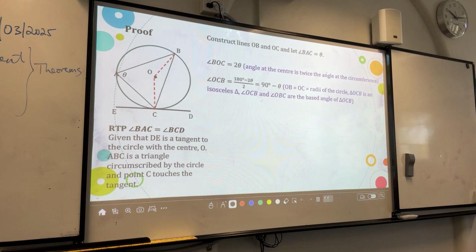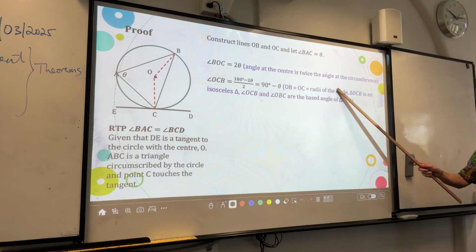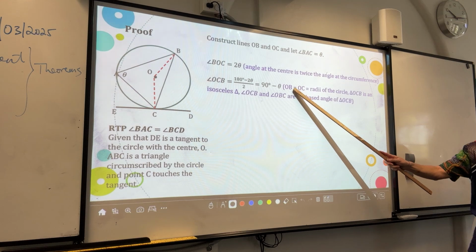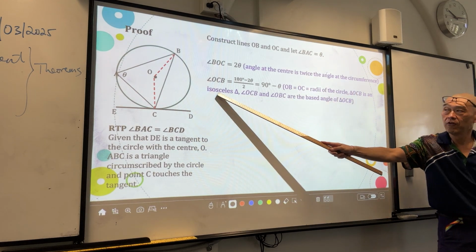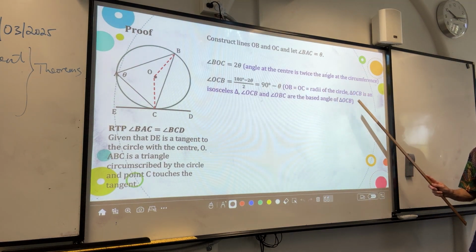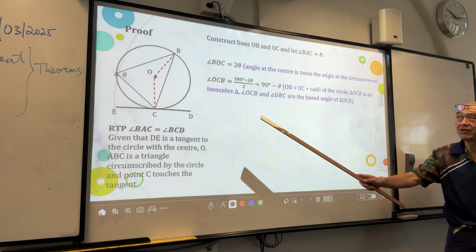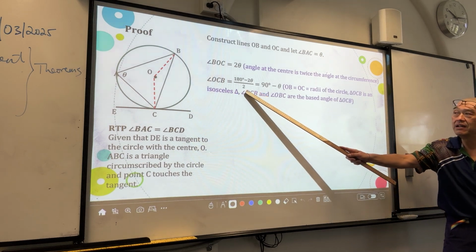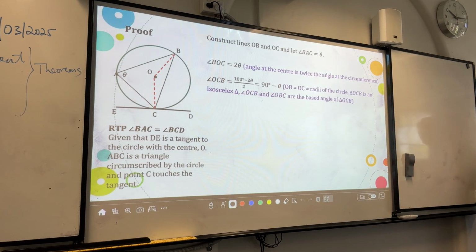So you can work out OCB, that's 90 minus theta. The explanation is a bit longer here because I need to say that OB and OC are radii of the circle, and therefore OCB is an isosceles triangle. Or you can say OCB is an isosceles triangle because OB equals OC, the radii of the circle, and then state that OCB and OBC are base angles of triangle OCB.